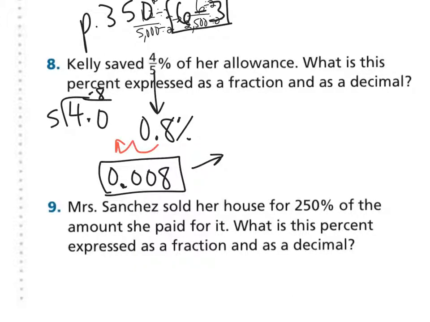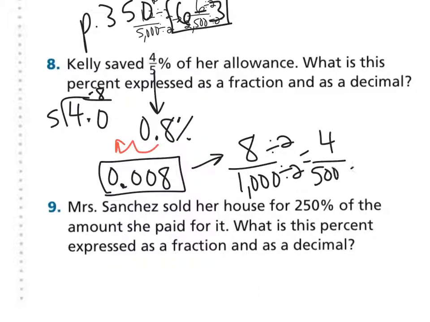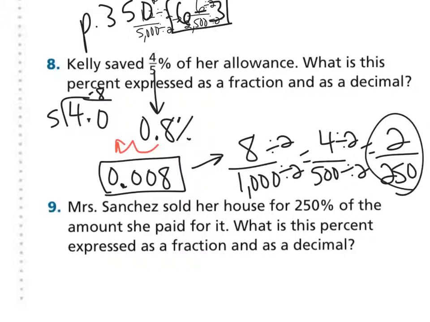And then that means our fraction would be 8 thousandths. So reducing this, if we reduce both of those by 2, that's 4 over 500. And then reduce by 2 again would be 2 over 250. If you see it, you could have divided by 4 and gone straight to the 2 over 250.